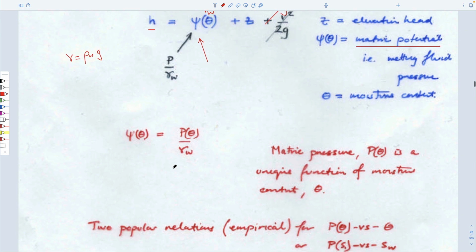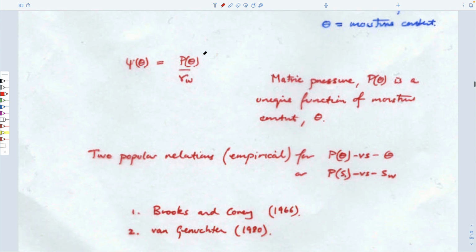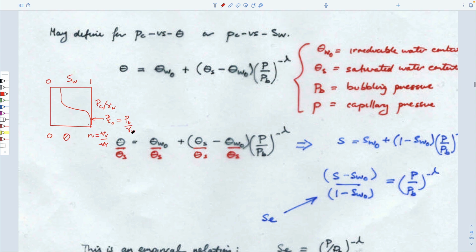And the reason that we might want to do that is because we're defining it as a parameter here, matrix potential. And so we can define this bubbling pressure through this. And you remember that we said that we'd do a couple of things.